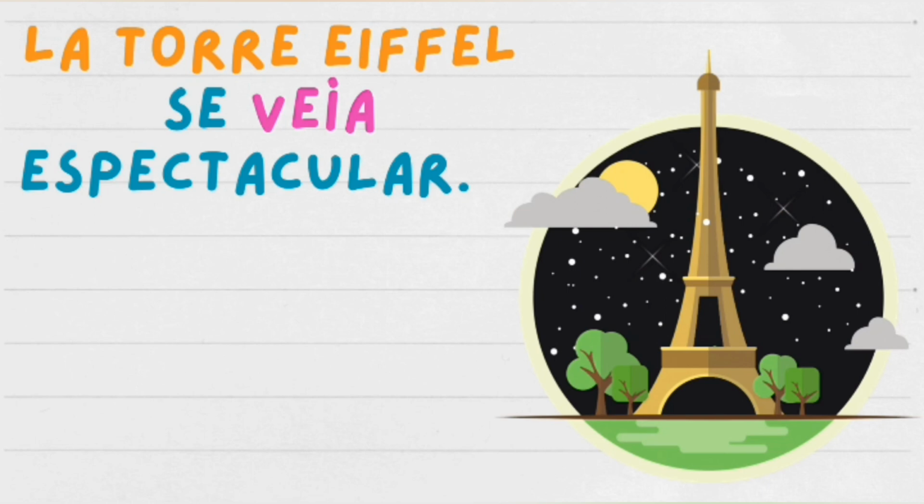All right, so let's see this example, in which we are describing a place, okay? In this case, we're describing the Eiffel Tower. We're going to say that it looked spectacular.